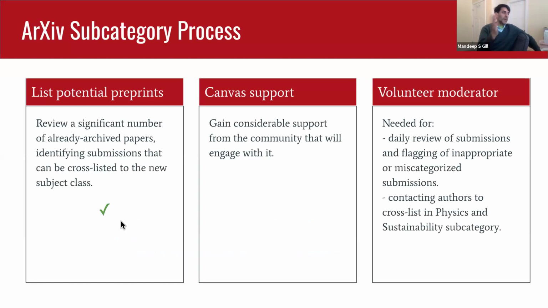They review papers that are already on arXiv that would be better primarily listed in a new subject class, and then they try to get support from the community that would engage with it, and then they need a volunteer moderator. And we have people who might be willing to do that already.